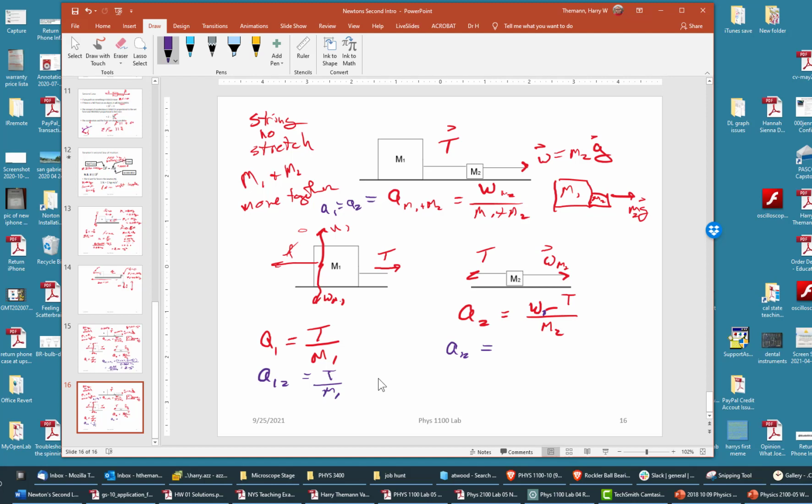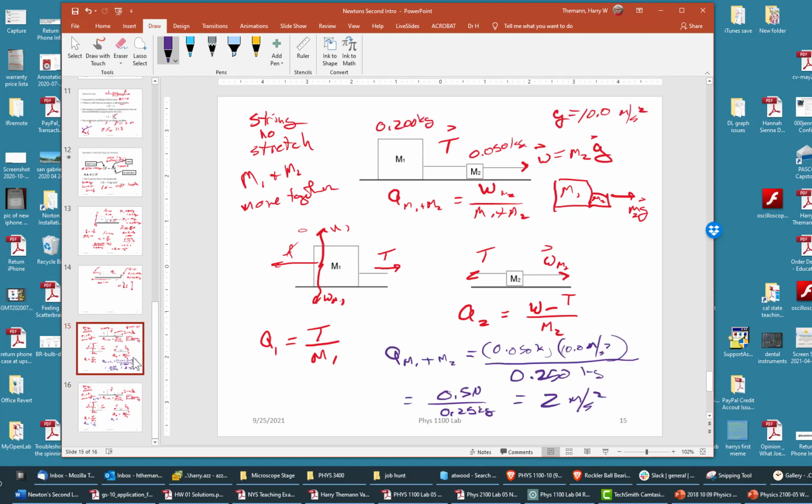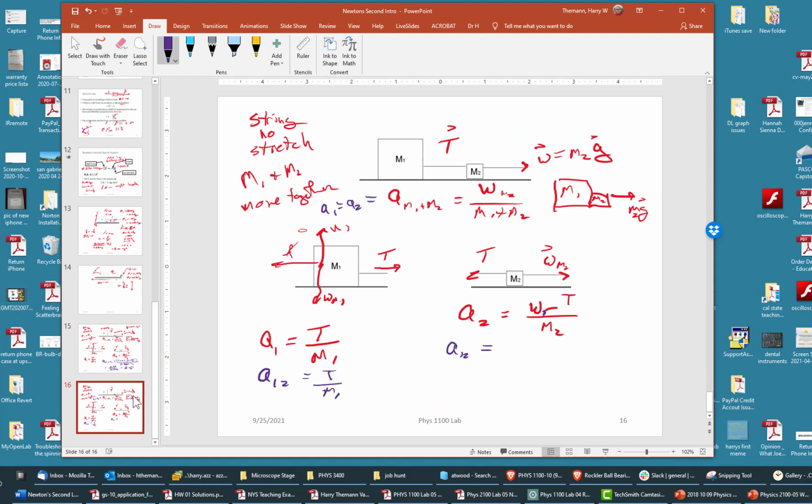That was 0.5 newtons. Oh, I see, we just leave it there. W minus T over M2, and we could solve for T, and we could find out what T is.